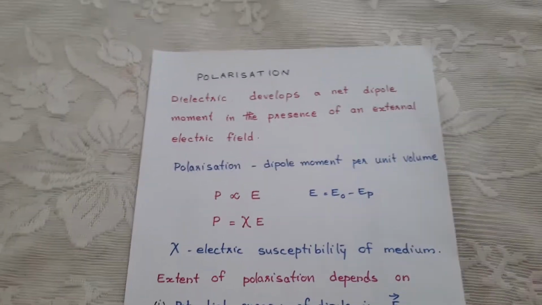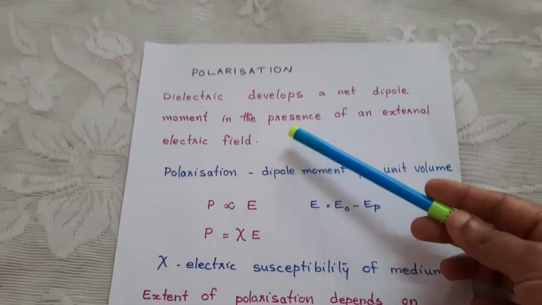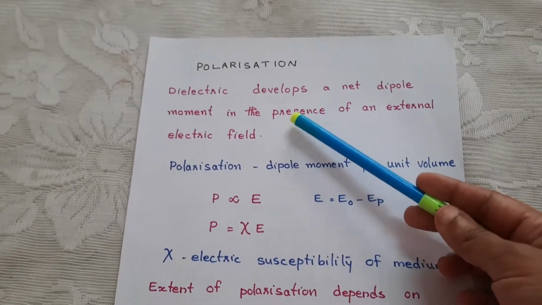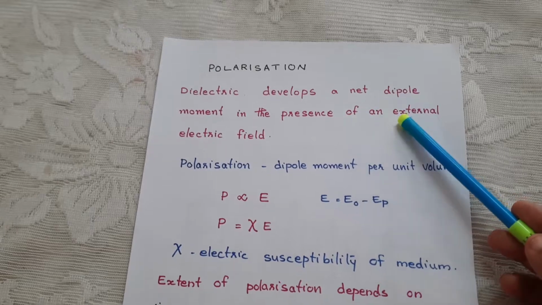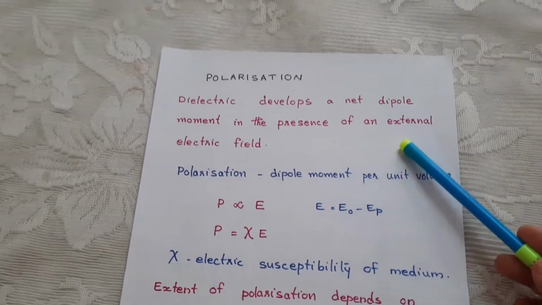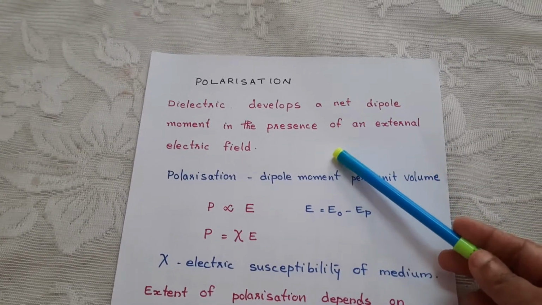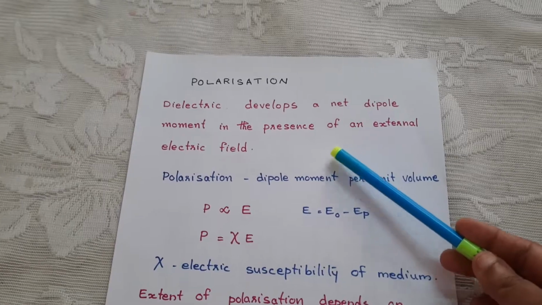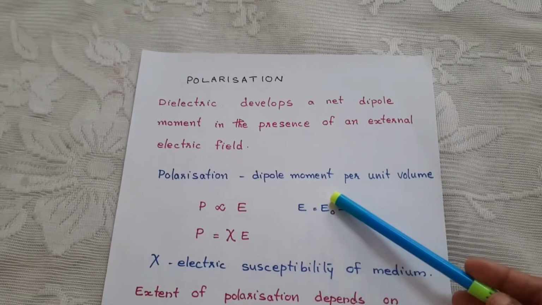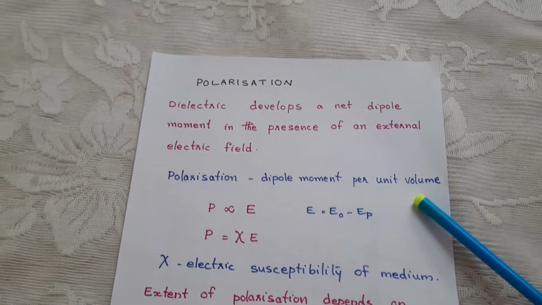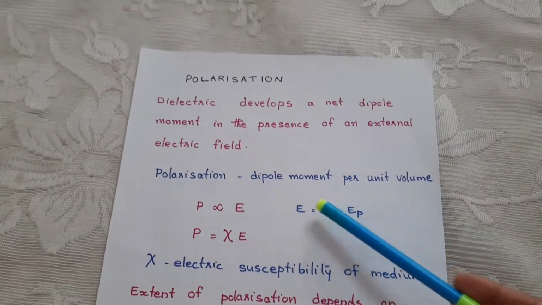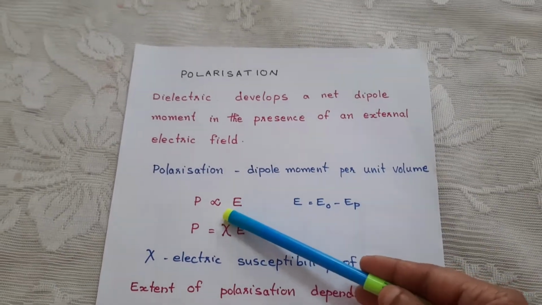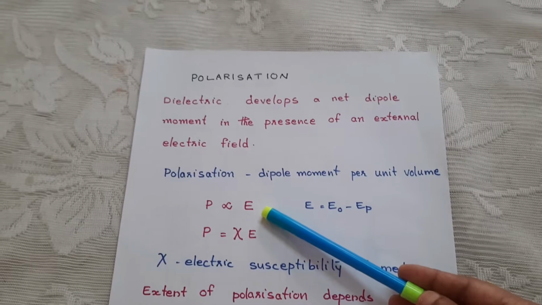The polarization may be defined as the process in which a dielectric develops a net dipole moment in the presence of an external field. It is the dipole moment per unit volume. Polarization P is directly proportional to the electric field.